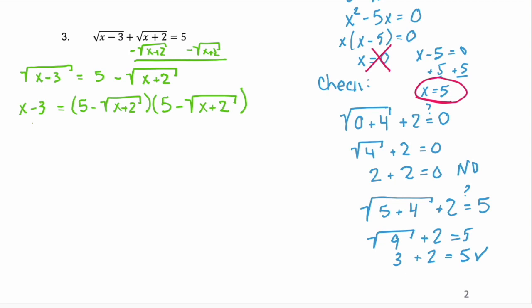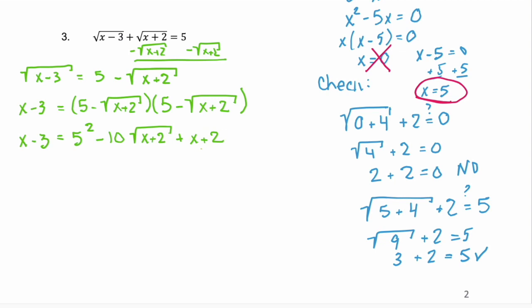The left stays as x minus 3, and when we FOIL the right, we get 5 squared minus 10 square root of x plus 2 plus x plus 2.